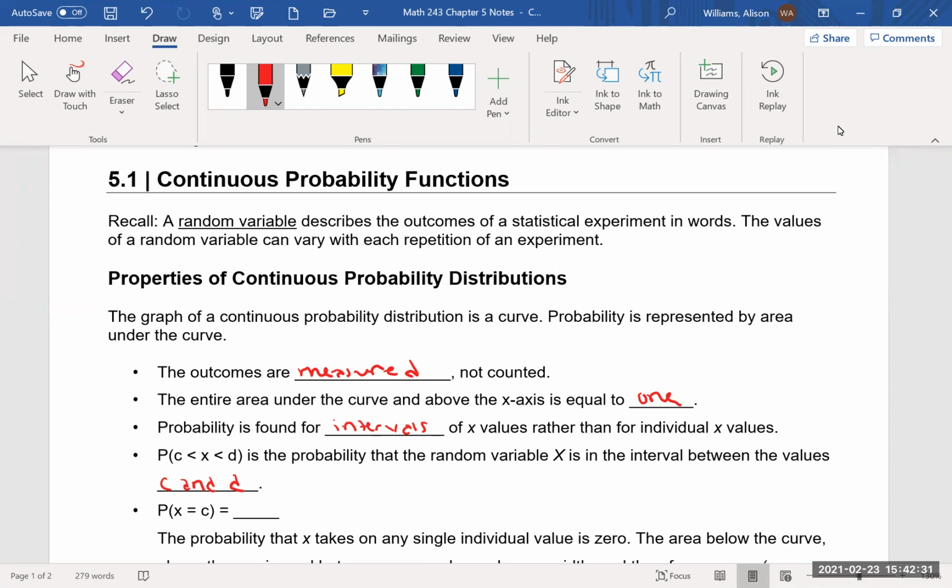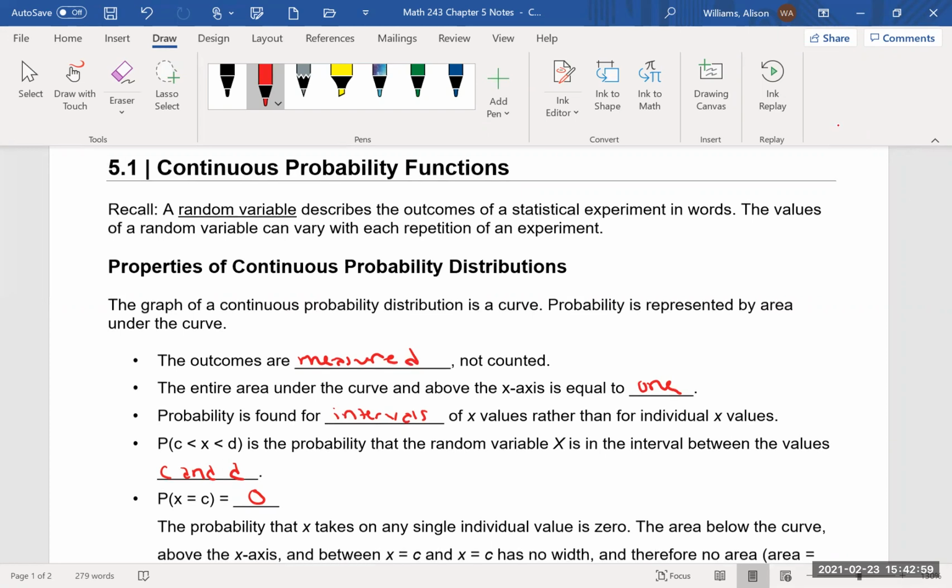That's going to be 0. So it can't actually equal a number when we're talking about a continuous probability distribution. So that's a big difference between what we're looking at in this chapter and what we looked at in the last chapter. We won't be able to find a set number. We have to be looking at intervals of numbers, ranges of numbers. It could also be something like x is less than a value, less than D. Okay, that is acceptable too.